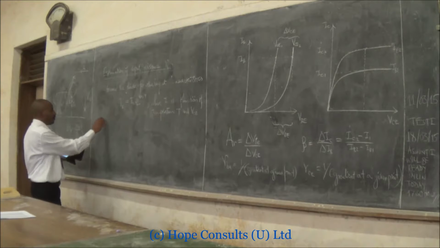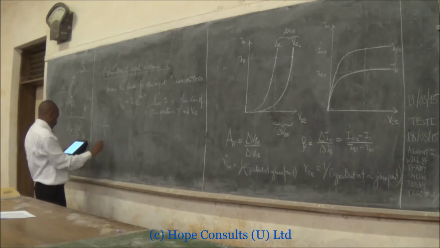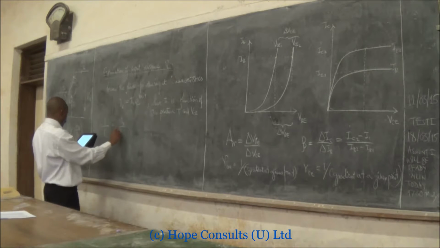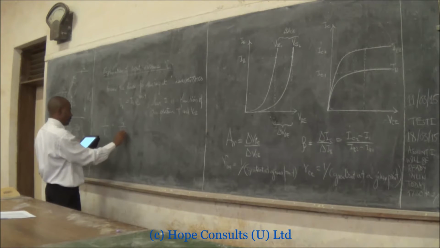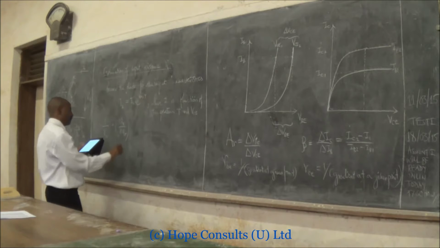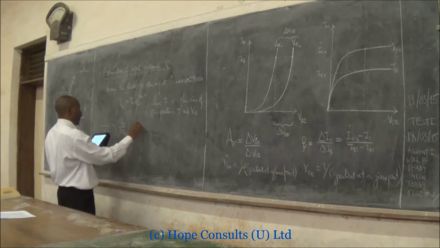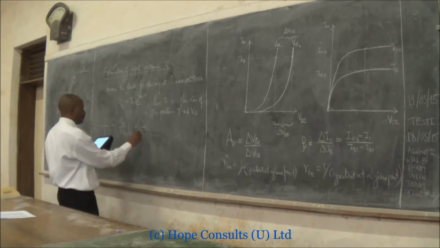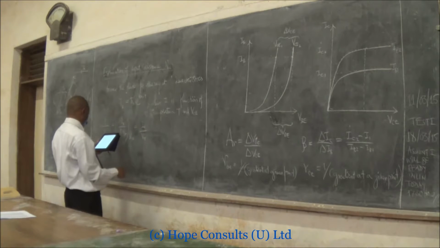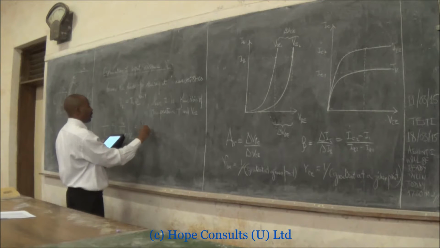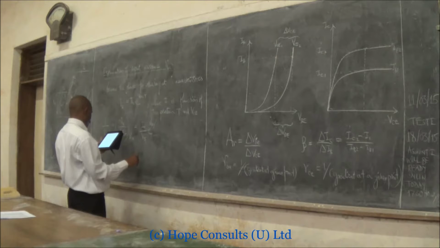So that means our 1 over RBE, which was equal to the partial of IB by the partial of VBE at constant VCE, is the same as I naught over VT, that is the thermal voltage, exponential VBE over VT.